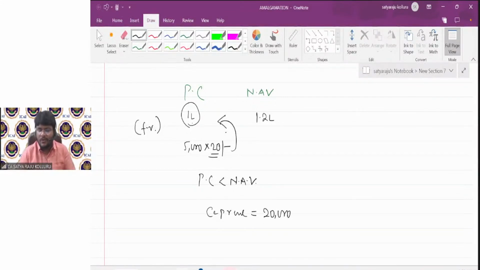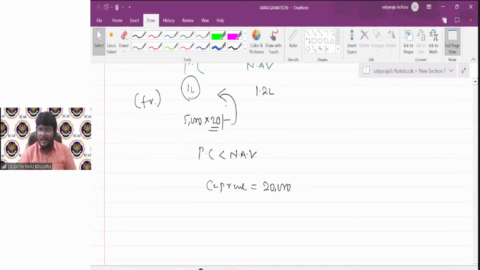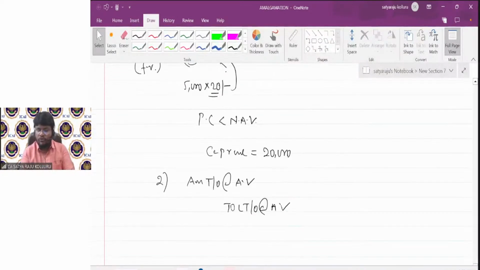Now, what is the journal entry at the time of recording the second entry in the books of the purchasing company? Assets taken over at agreed value, liabilities taken over at agreed value. Now you need to cancel the business purchase, and you can incorporate the capital reserve to the extent of 20,000. Am I right?